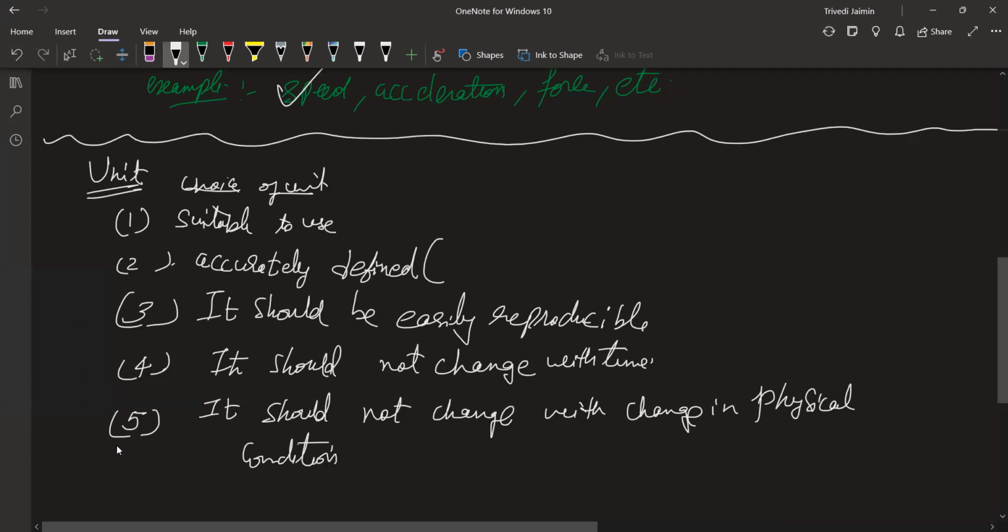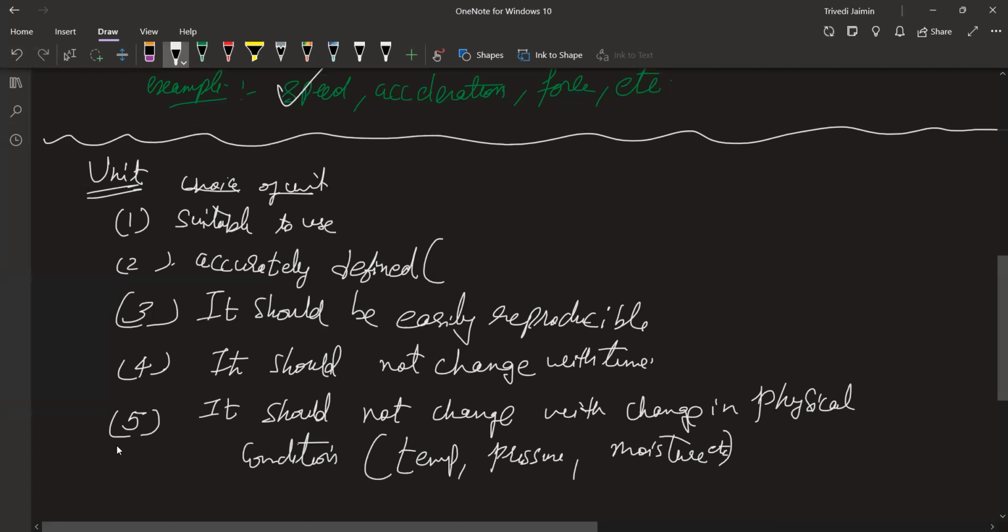What does physical condition mean? The temperature, pressure, or moisture, etc. So till now we discussed some 6, 7, 8 quantities.